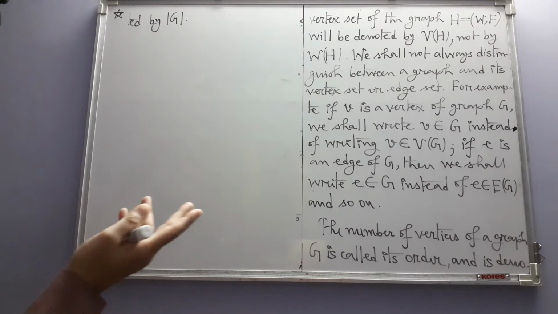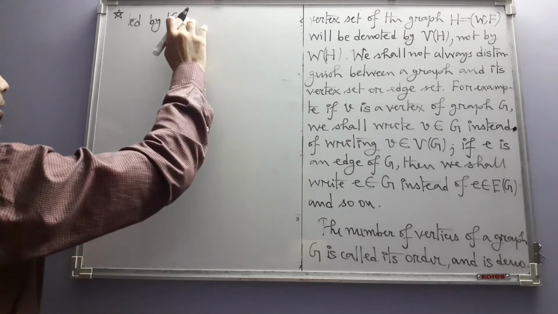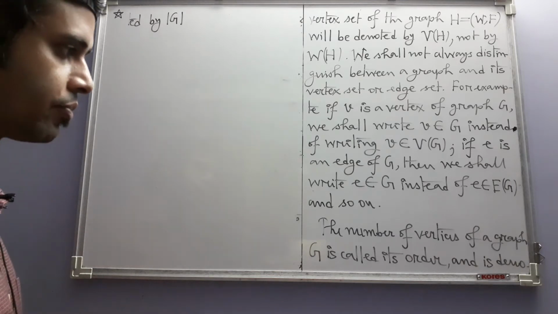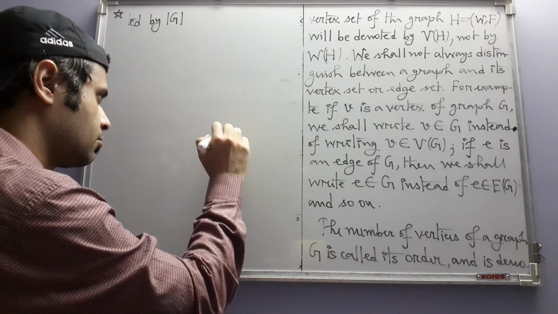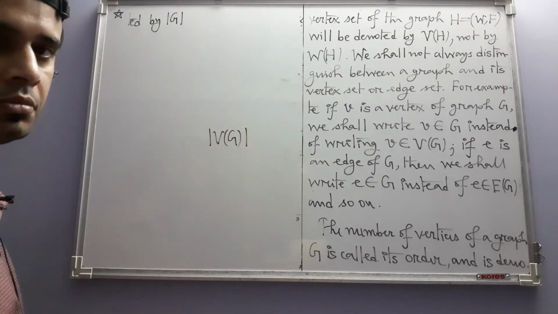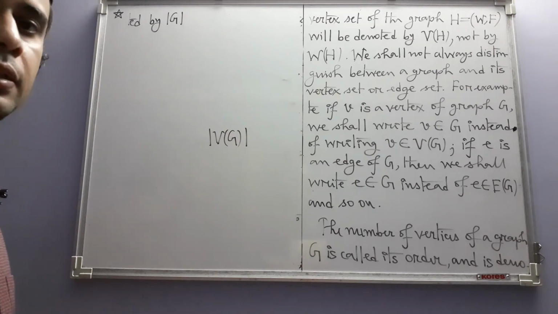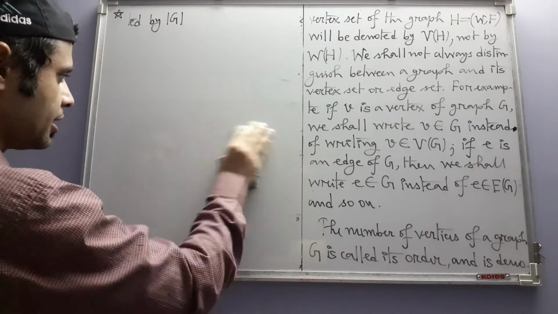Okay, number of vertices of a graph. That means it's the cardinality of the vertex set. It may be finite, it may be infinite. So those possibilities are there.